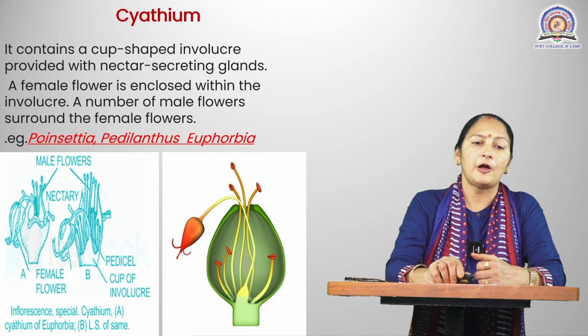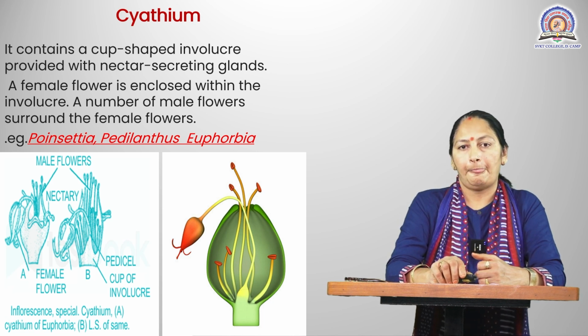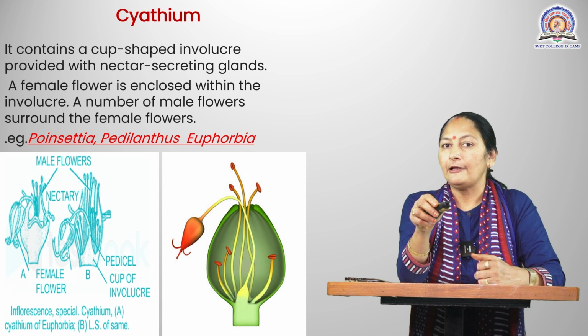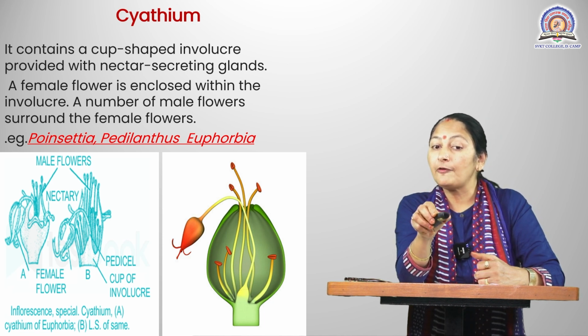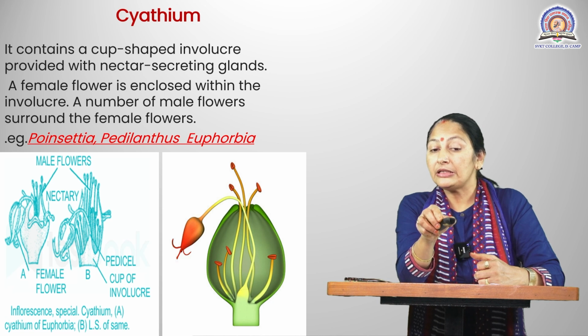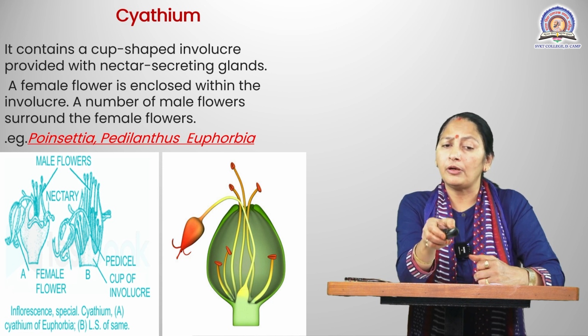A female flower is enclosed within the involucre. In the diagram, you can see the green petal-like arrangement at the back of the inflorescence.